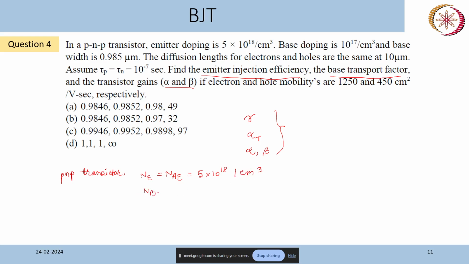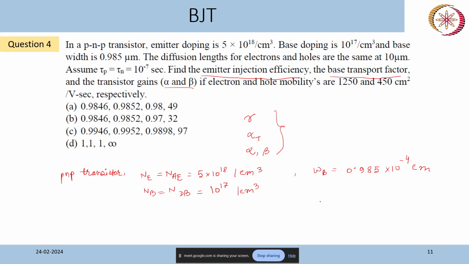NB, the base doping concentration, will be NDB, which is 10 to the power 17 per centimeter cube. Base width, let's consider it almost equal to effective base width, which is 0.985 into 10 to the power minus 4 centimeter. I'm writing everything in terms of centimeter because then the calculations will be easy.